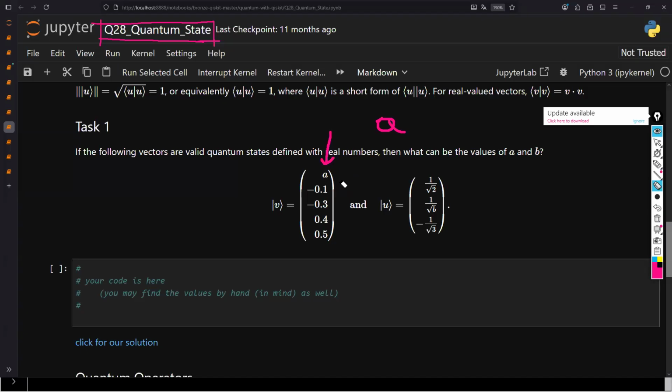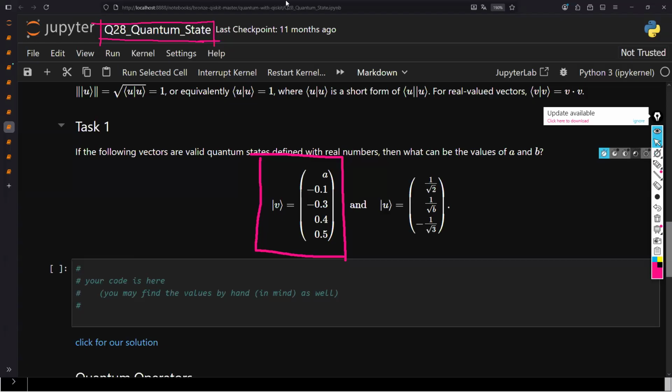So I would like you to do this exercise now. I will leave you for about 2 minutes. Try to come up with the answer for yourself, and then I will be back in 2 minutes.